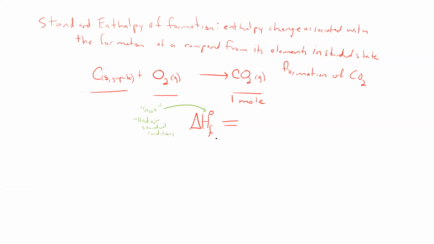Now that formation essentially says that the delta H naught of formation for carbon dioxide is making carbon dioxide from these 2 reactants. Those specific reactants are the elements in their standard state. And you'd really just go find that in a table.